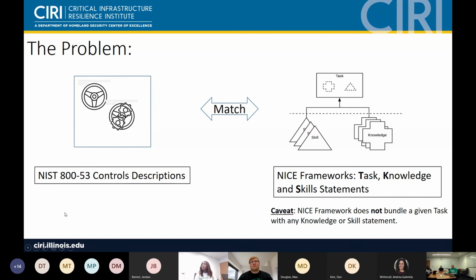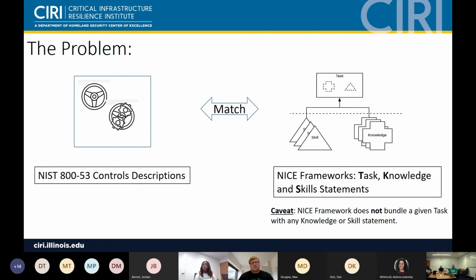So what is the problem? On one hand, we have various controls. Controls are mechanisms, procedures, organizational processes that allow an organization to ensure that the various cybersecurity practices are being followed. So that is what a control is.